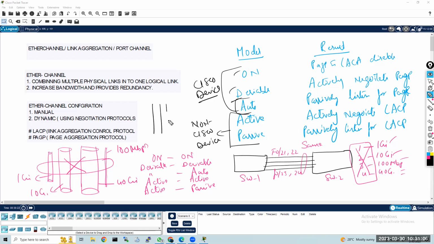All EtherChannel links should be at the same speed. Maybe 40 gig, or 10 gig, or 1 gig. If it is 1 gig, then you will get 4 gig of bandwidth. Understood, guys?